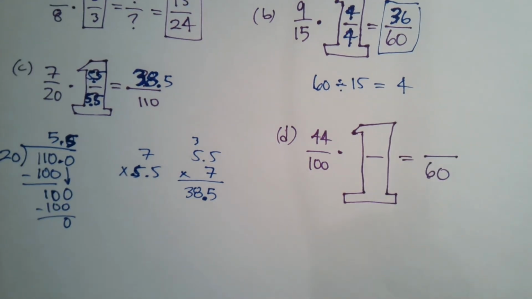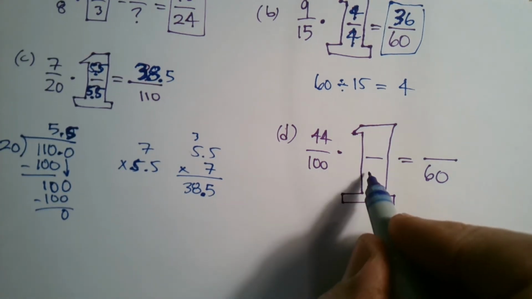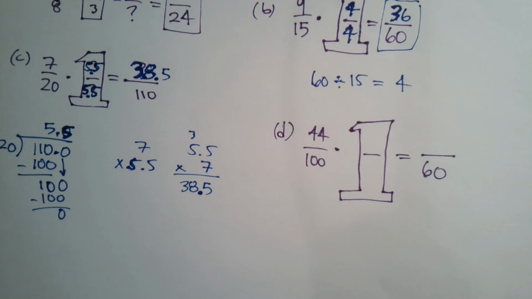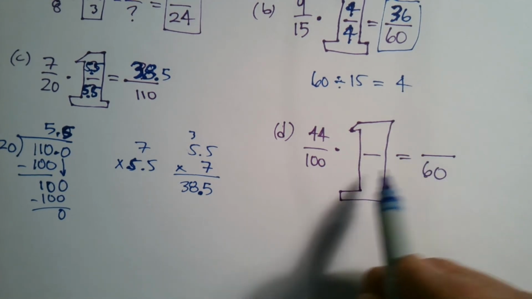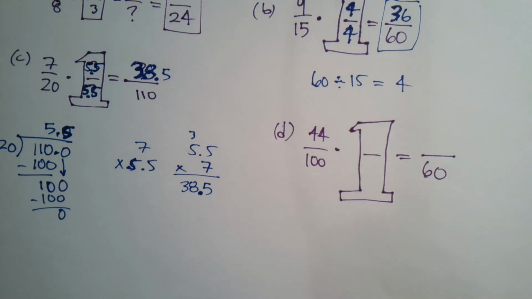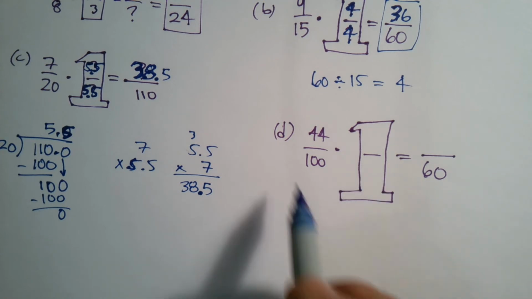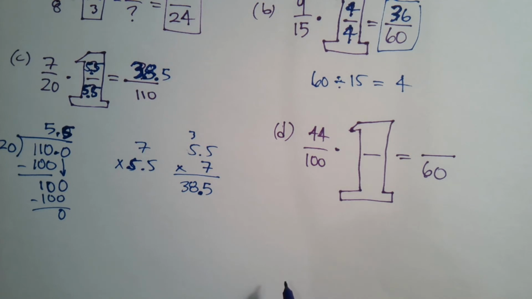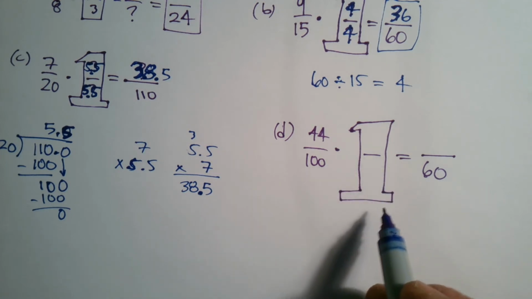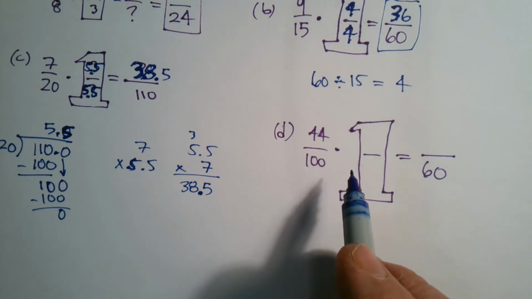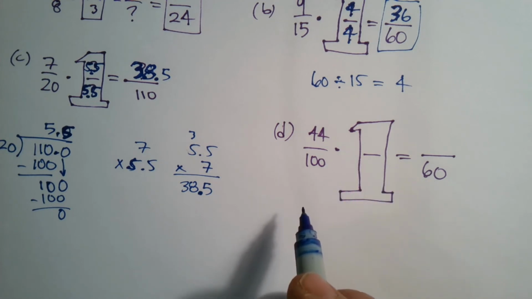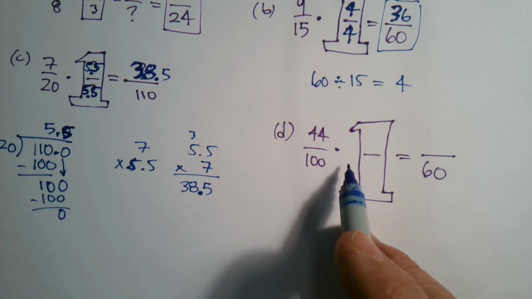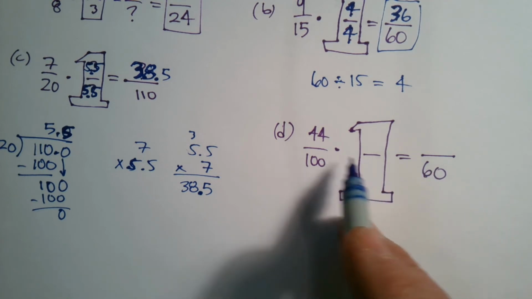If I look once more, we're asking 100 times some number is 60. I'm taking 100, multiplying by something and getting a smaller number. So I know my number here is going to be a decimal or a fraction. So 100 times what is 60? Again, the opposite: to find the factor, you're going to do division because it's the inverse. So instead of 100 times 60, I'm going to do 60 divided by 100.